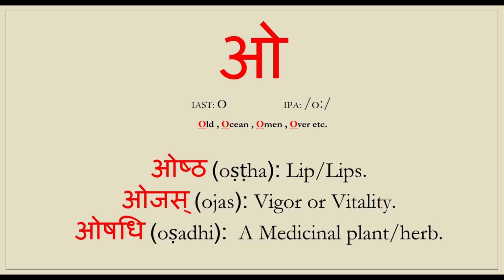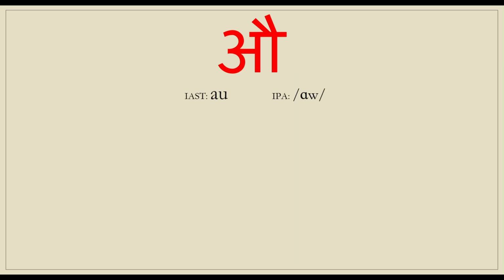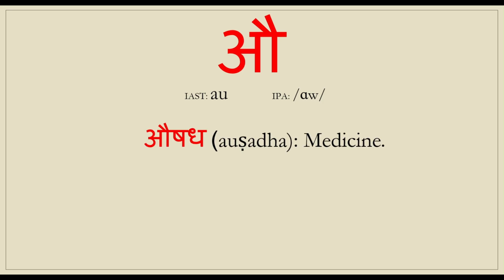Our next vowel is Au, represented in IST as au. We don't have this sound in English at all, so we are entirely dependent on Sanskrit examples. They are like auṣadha, which is medicine, prepared from oṣadhi. So auṣadha and oṣadhi are actually connected.